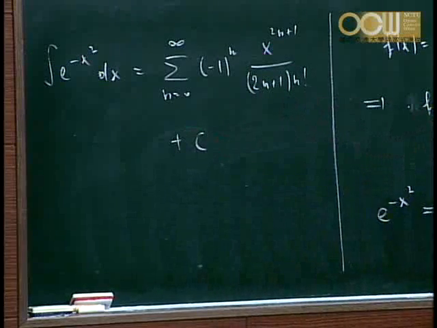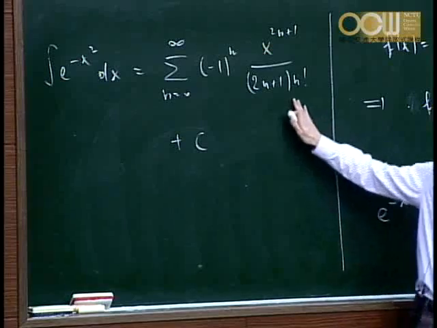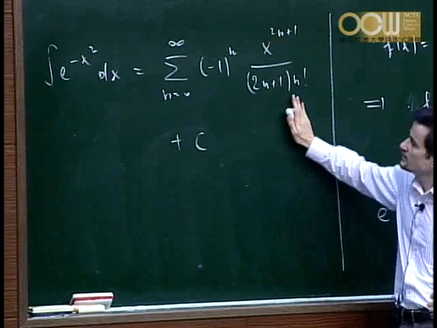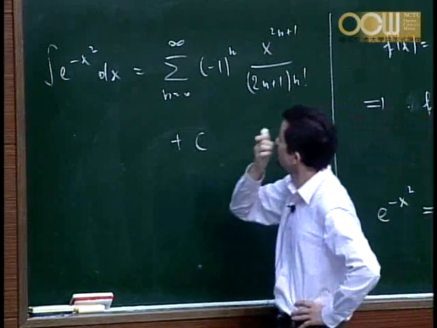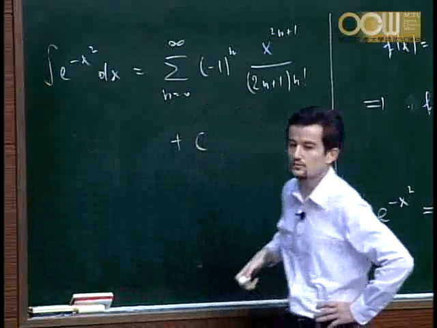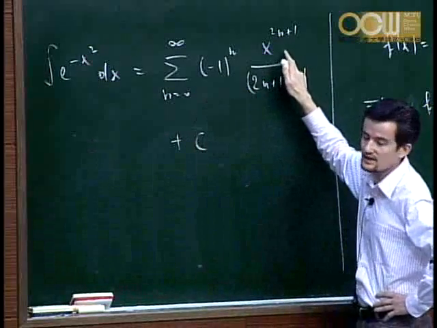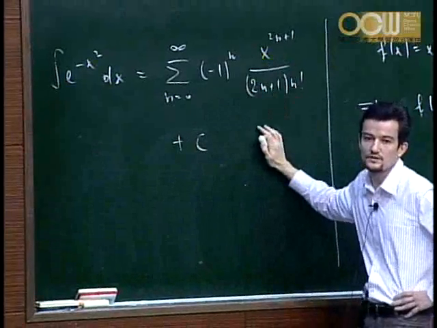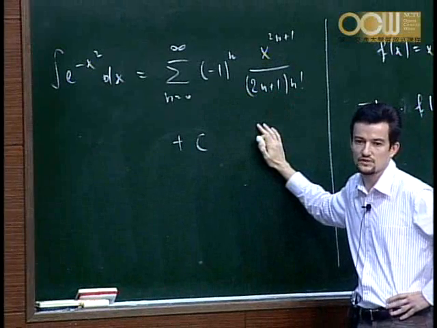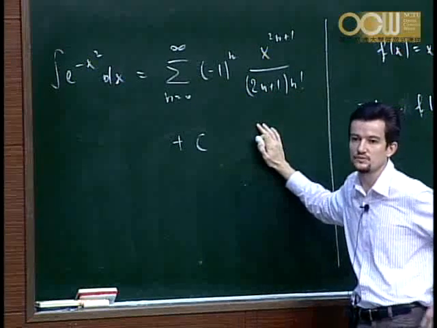And this in some way solves the integration problem. For instance, if you have the integral from 0 to 1, then you will have x equal to 1 here, and we can use this series to compute the answer up to as many digits as we want.